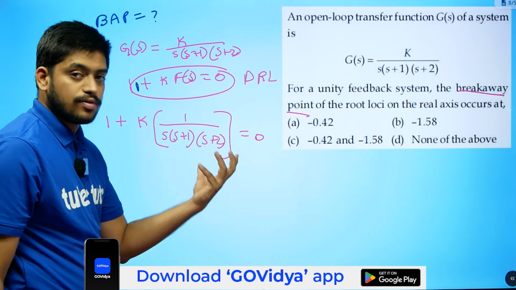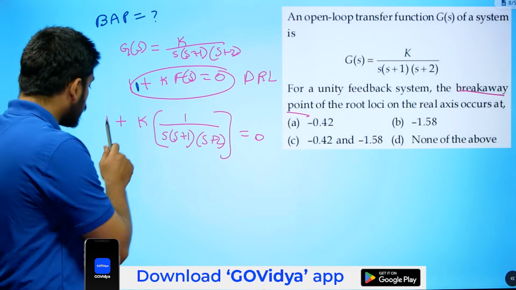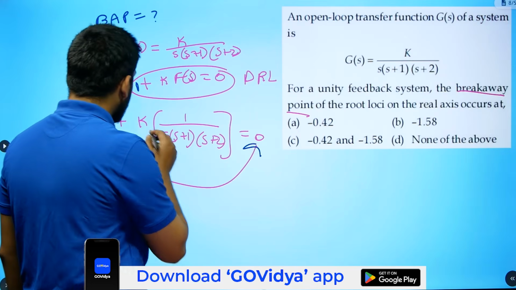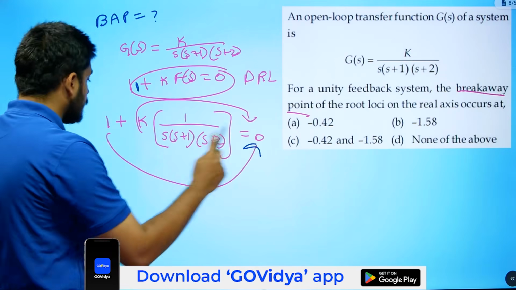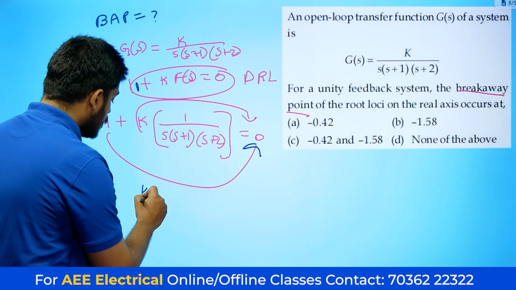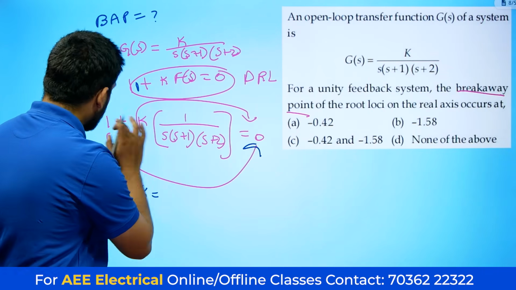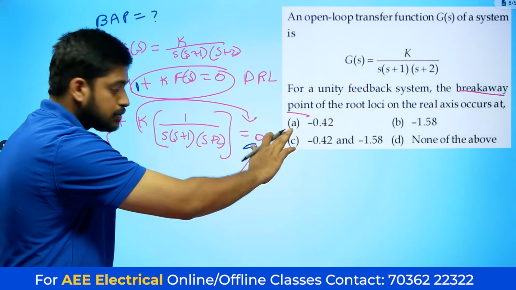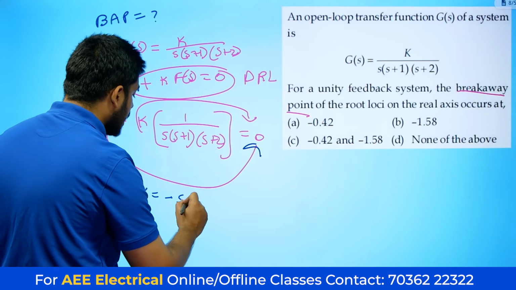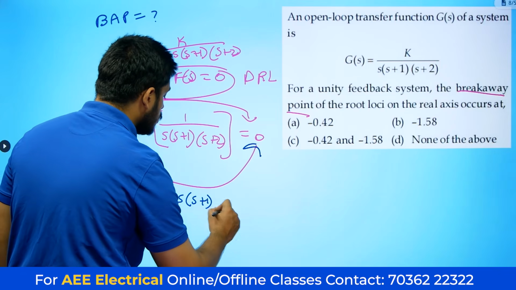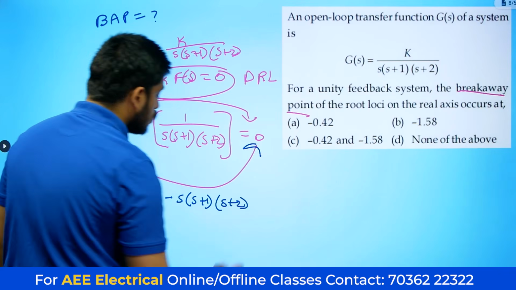This is the equation which we use to determine DRL or CRL. But what I am doing is sending the 1 to the other side and keeping K on one side. So K = -1 times whatever the denominator is, which gives K = -s(s+1)(s+2).